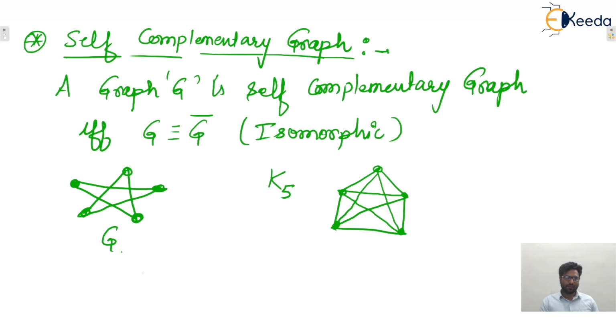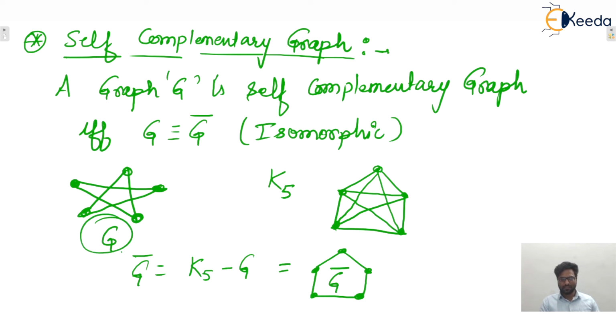So for G complement, we take K5 minus G. Will that be this structure or not? Yes or no? That is the G complement. Now tell me whether G and G complement are isomorphic or not. Yes, isomorphic. That's why we can say that this particular graph is a self-complementary graph.